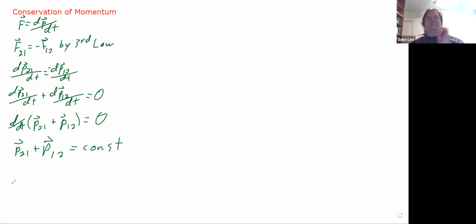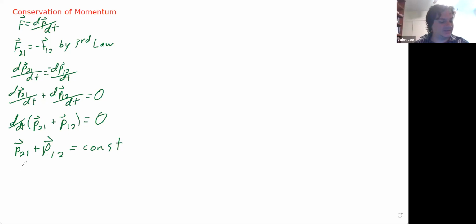So as long as your system has all of the forces and all of the interactions within it, if you're looking at the total universe, then P21 plus P12 is going to be constant. That means that there's no change in momentum over the course of any interactions that you're having.